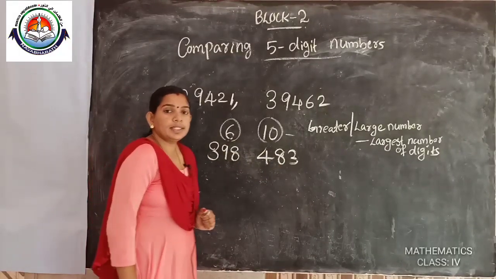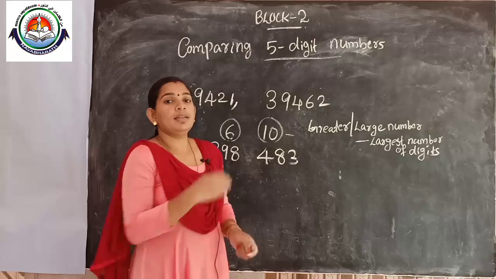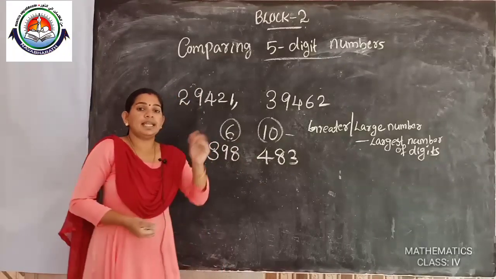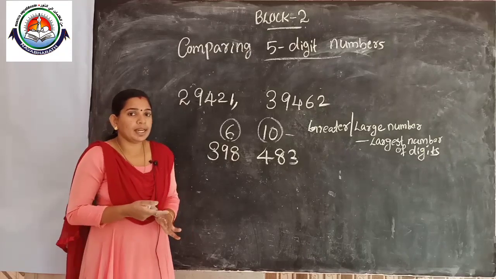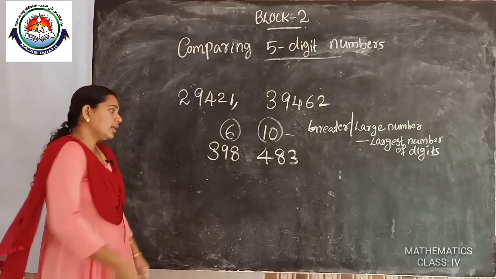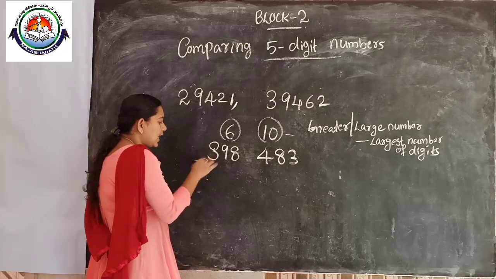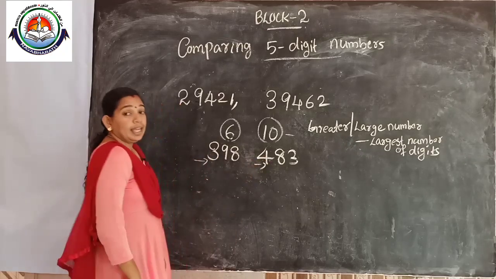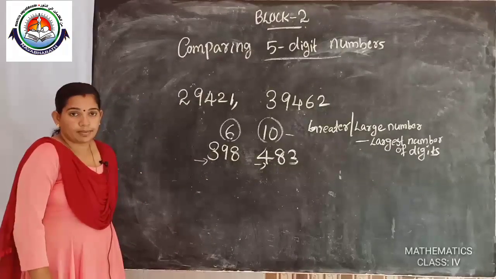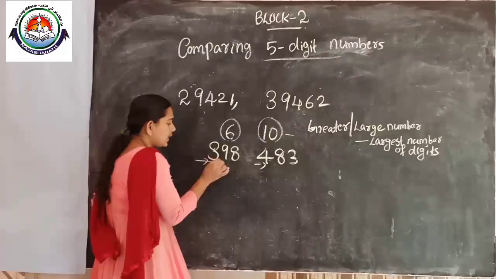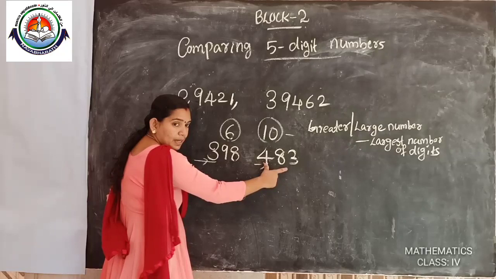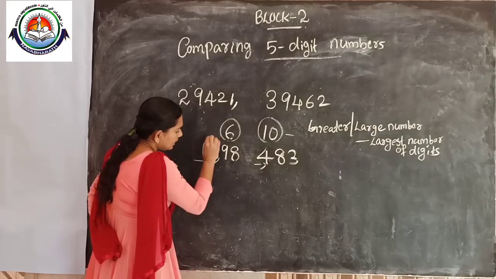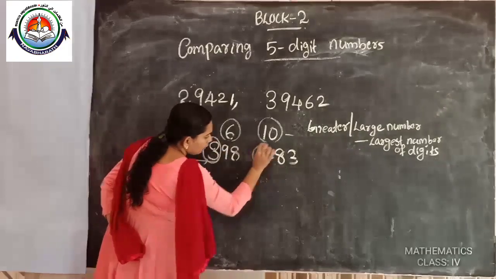Then how do we find? In this case, both have the same number of digits. How do we compare? Then from the left side we are checking. First the left side. Here in a 3-digit number, that means the 100s place. Here also the 100s place.